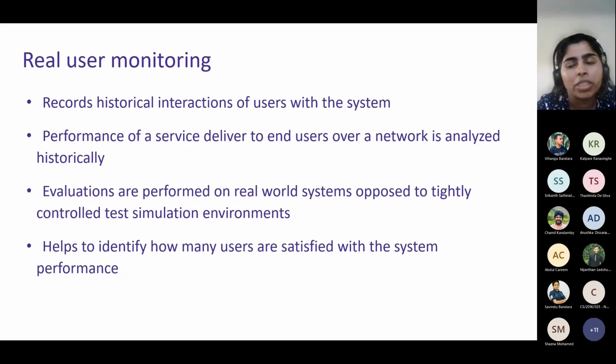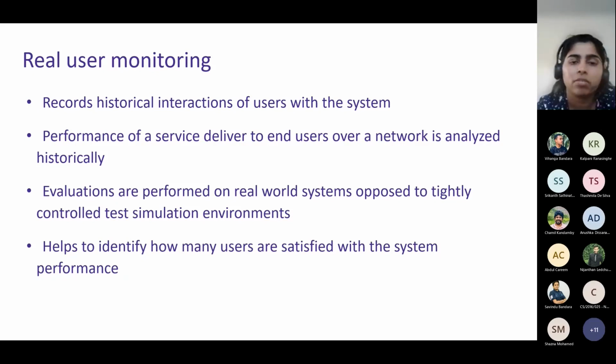But when it comes to the real world, it can be completely different behavior than the load test environment. So using the monitoring, we can get the live updates, like real world behavior. So we can use those data to enhance or improve our system performances. It helps to identify how many users are satisfied with the system performance.